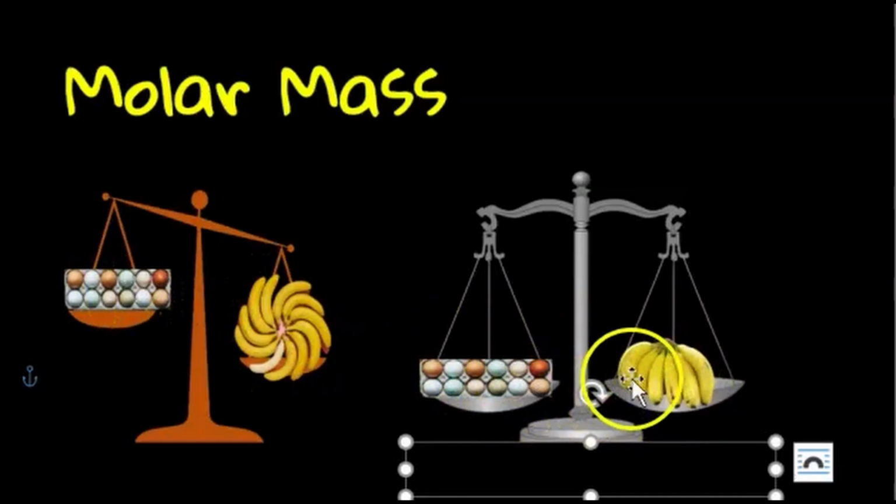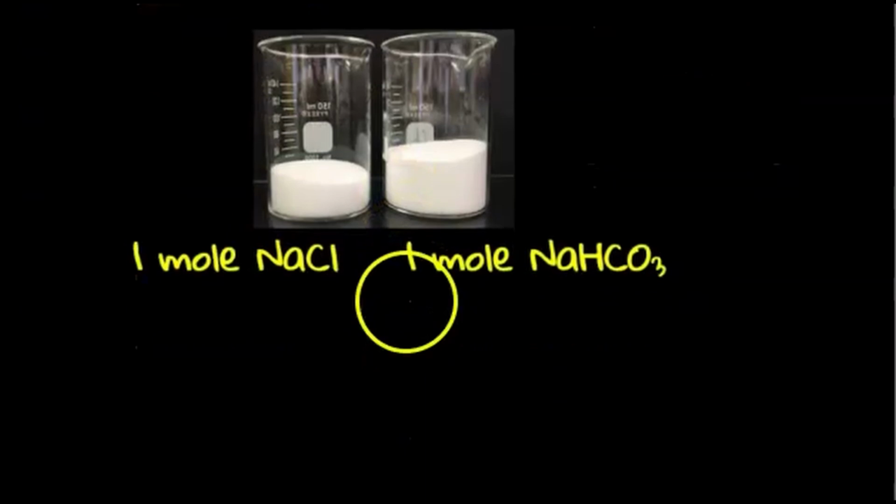But this is very similar to what we do with molecules here. We can have the same number of objects, but their masses will be different. So here's a photo that I took in the lab. This is a mole of sodium chloride, which is table salt. 1 mole of this many molecules. Now, as a solid, it's not really molecules.